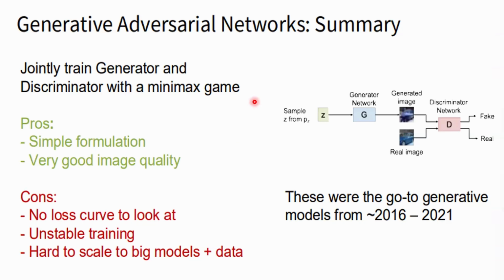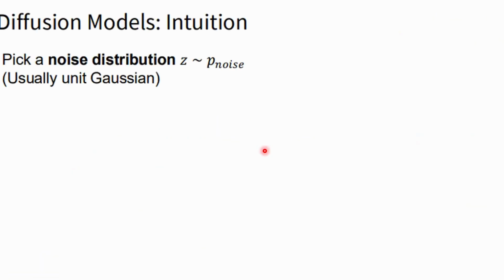And then in 2021, a new contender comes in, and that is the diffusion model. For diffusion models, the intuition is that we start from noise. If you recall, in the previous methods, we often start from the true image.